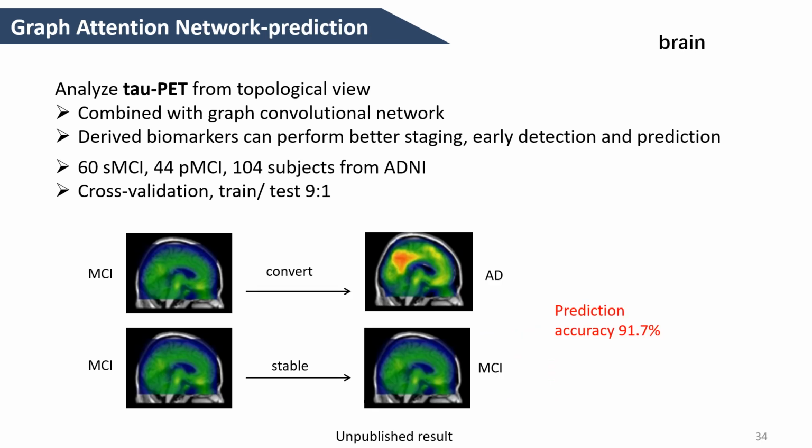We can also predict whether a subject will convert from MCI to AD in 36 months with an accuracy of 91.7%. In theory, we could extend such an analysis approach to whole body topological analysis should a particular disease diagnosis and prognosis be identified.